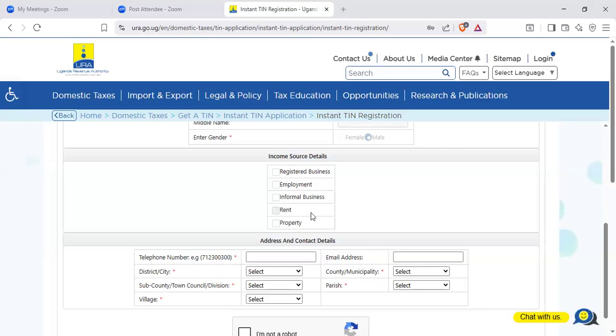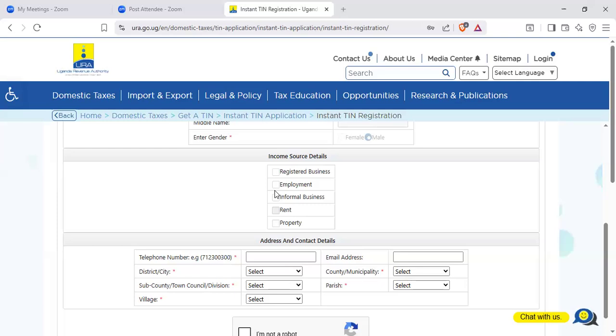If you have your property somewhere and you're earning rental income, you click this. If you have investments somewhere and you expect money, like you fixed money in the bank, maybe you invested with UAP, or maybe any bank or any other source of income, you click on property.